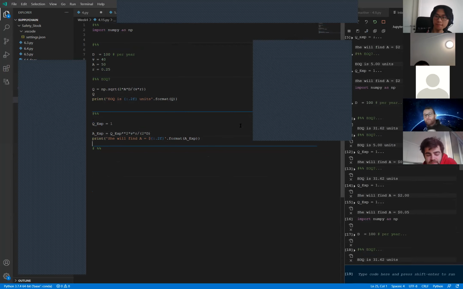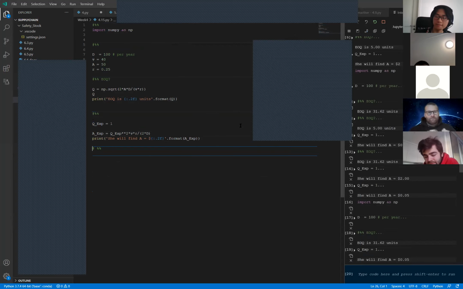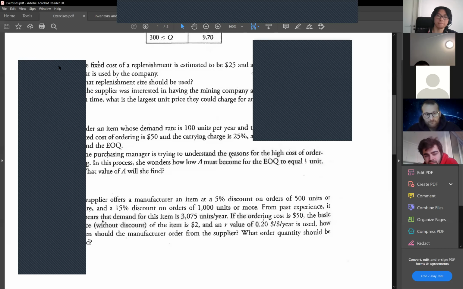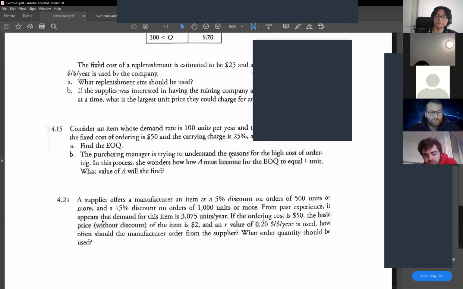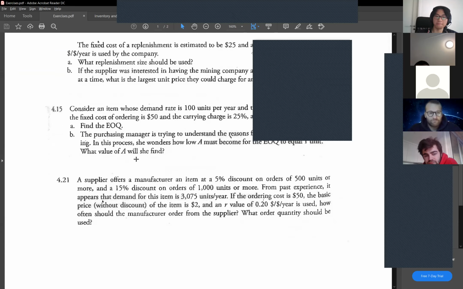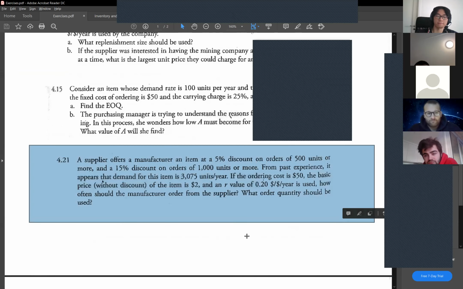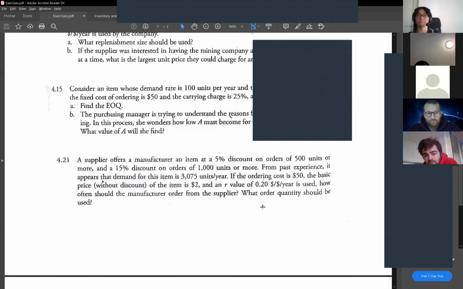Then you get the expected ordering cost, which is $0.05. Are we clear? Can we move on? Yep. 2.21.